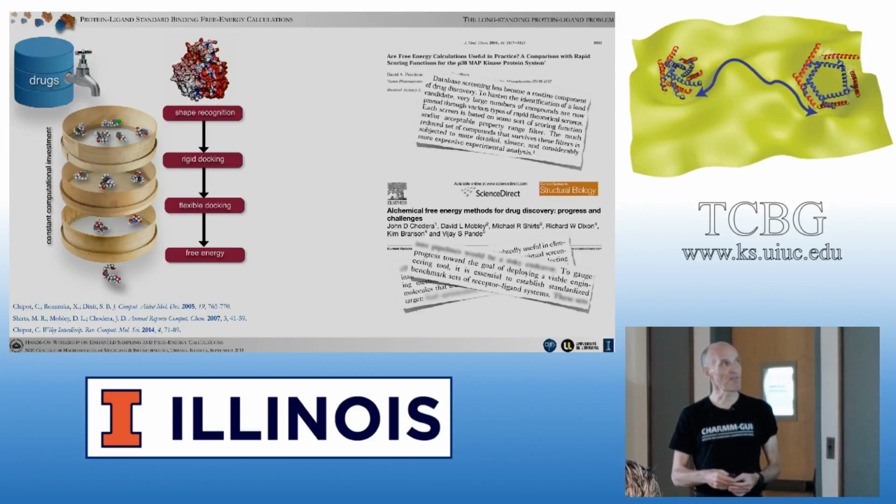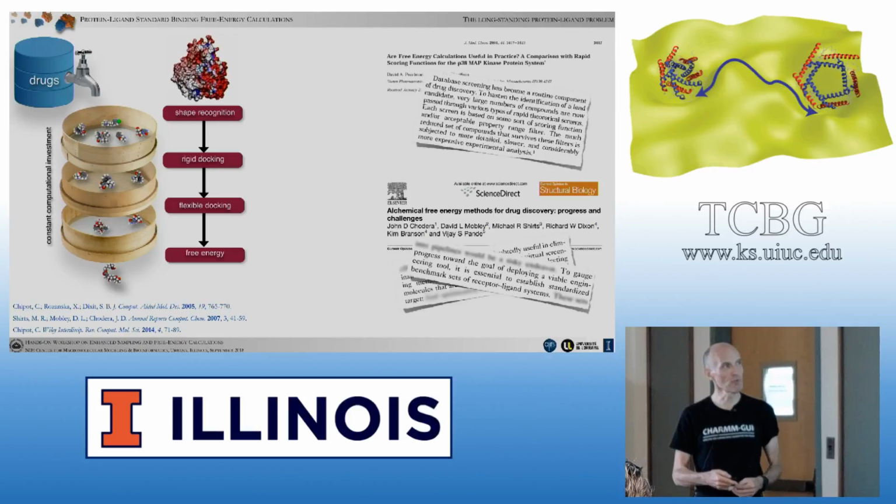And it was revived more recently with companies like Schrödinger and also efforts from people in academia like David Mobley, Michael Shirts, John Chodera, who basically say that there is still hope that this method will help discriminate between candidates.